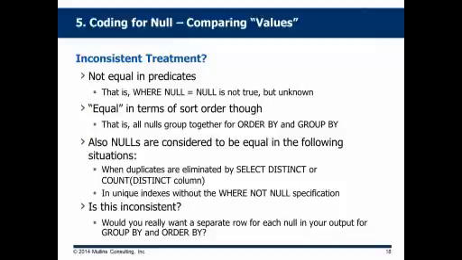There are another couple of situations where they're considered equal: when duplicates are eliminated by select distinct or count distinct, and in unique indexes that do not have where not null specified. So you've got to understand how DB2 treats these. They may look inconsistent, but as long as you understand how DB2 is operating, it's fine.